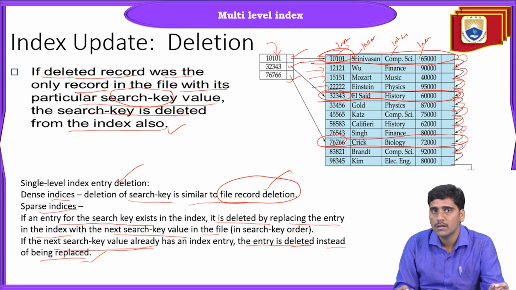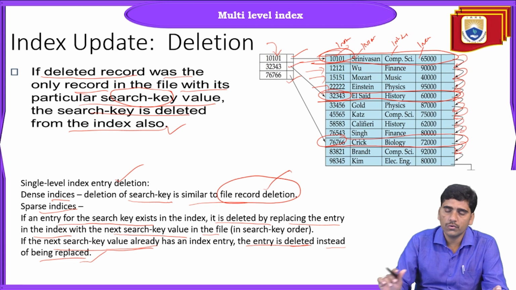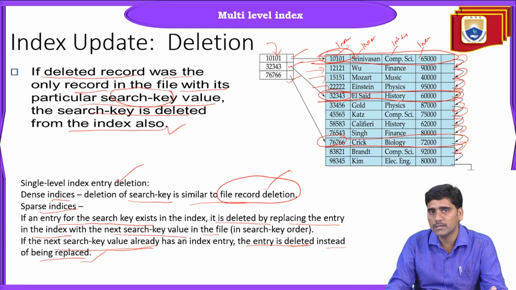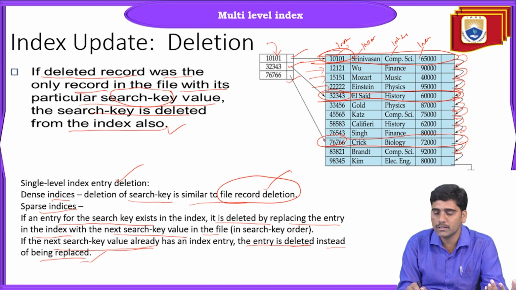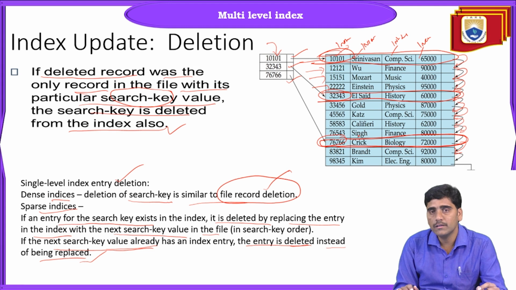At that moment the index entry for that instructor ID is also deleted, which indirectly means the entire record for that instructor ID will be deleted.